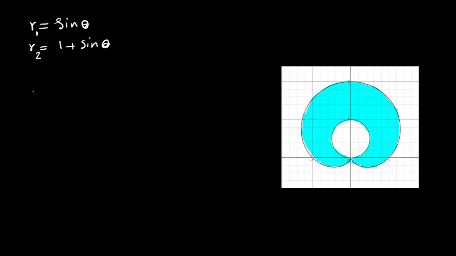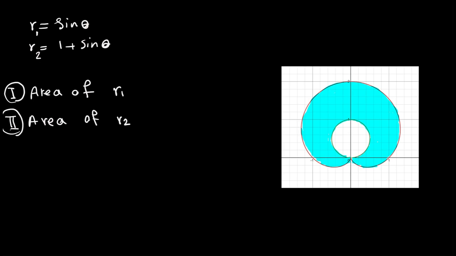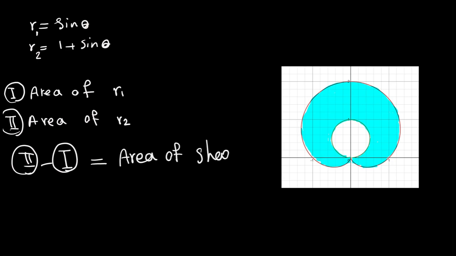So if I find the area of R1 and area of R2, let's call this 1 and this 2, and then subtract, it equals the area of the shaded region.